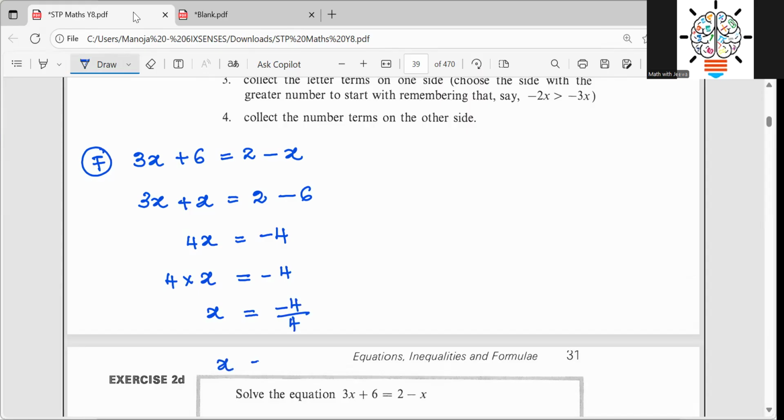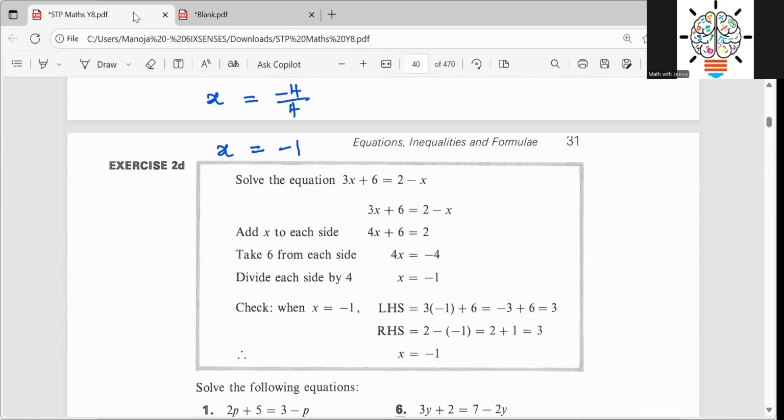So then x is equal to minus 1. Okay. So if you have the x letter on both sides, this is how you simplify and solve the answer. You want to collect the like terms on one side, the x letter. So whatever variables you have, you bring them to the left side, and the numbers you bring to the other side, right?